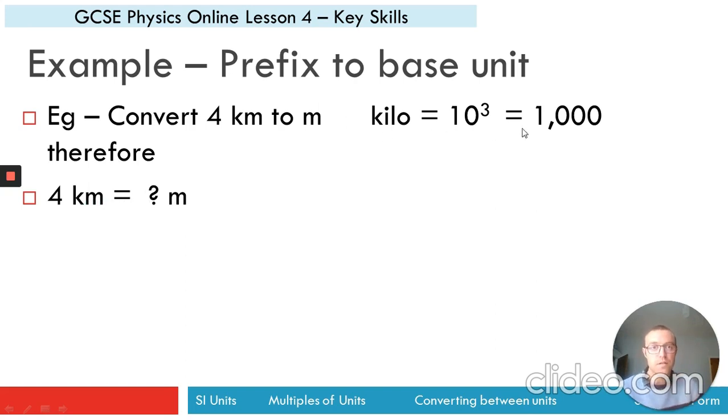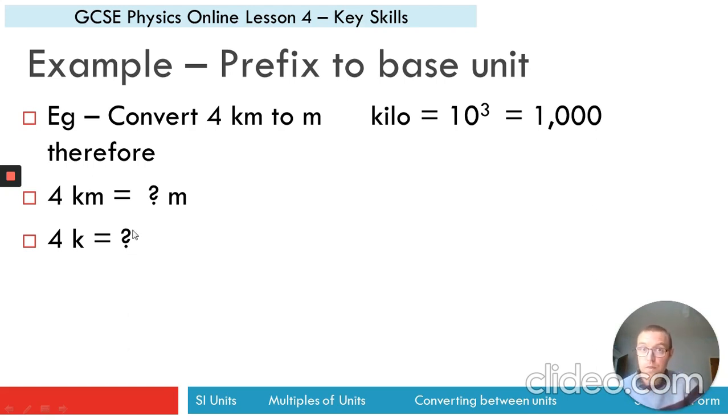We know that kilo is the same as 1,000. If it's written out as an equation like this, with metres on both sides, we can ignore the metres. So just cross out or remove metres. And then we have 4k, 4 kilo, is equal to our number that we want to know, question mark.